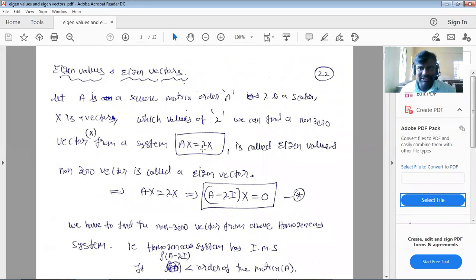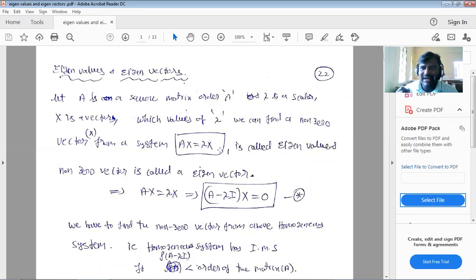I'm writing the definition. For which values of lambda? See, in Ax equals lambda x, put x equals 0. Is it satisfying both sides? A into 0 equals lambda into 0. Therefore, 0 is always a vector satisfying this equation. What is the meaning of solution?